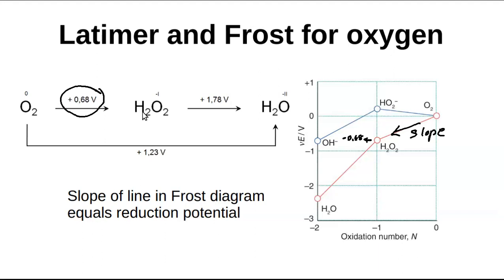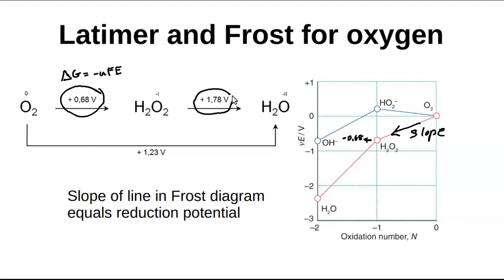So what does it mean? Going from oxygen to H2O2 means a negative delta G. Delta G is minus nFE. So this should be more stable, which fits with the Frost diagram.